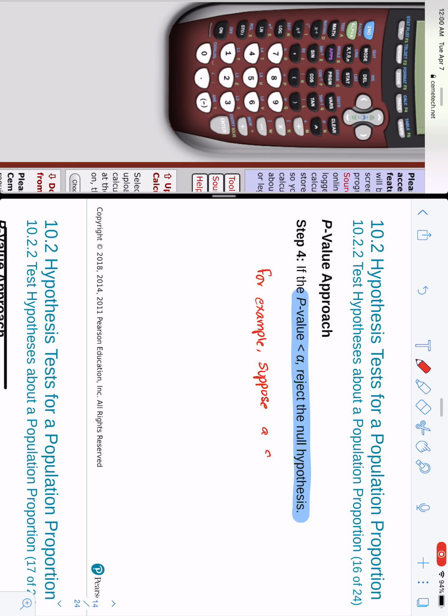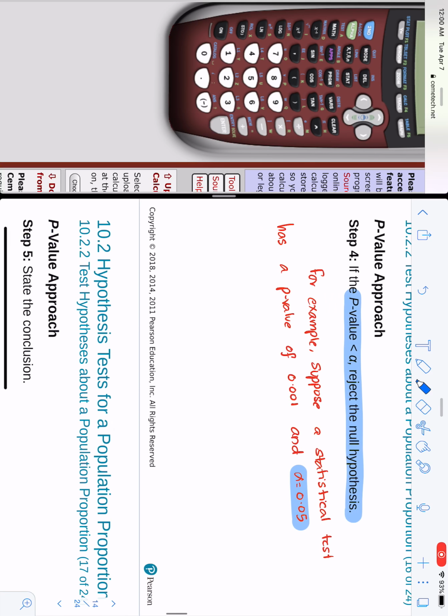So, for example, suppose a statistical test. Alpha is simply the maximum probability of type 1 error that we are willing to tolerate, and p-value comes from the test that we performed.